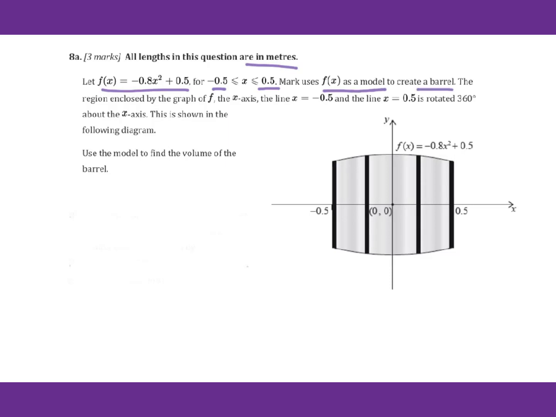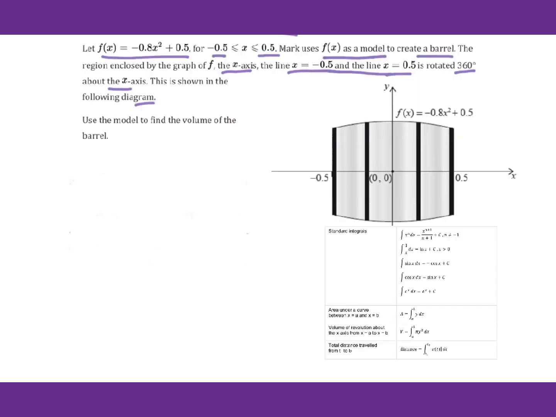The region enclosed by the graph of f, the x-axis, the line x equals -0.5 and the line x equals 0.5 is rotated 360 degrees about the x-axis. This is shown in the following diagram. Use the model to find the volume of the barrel.